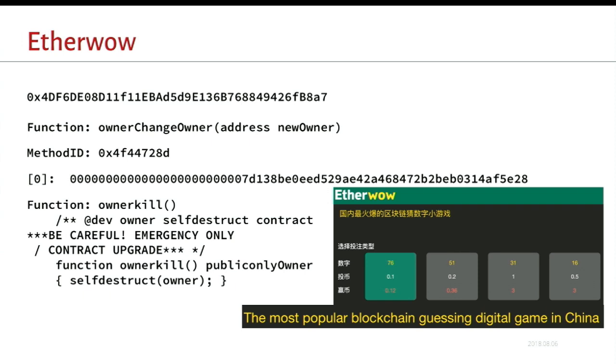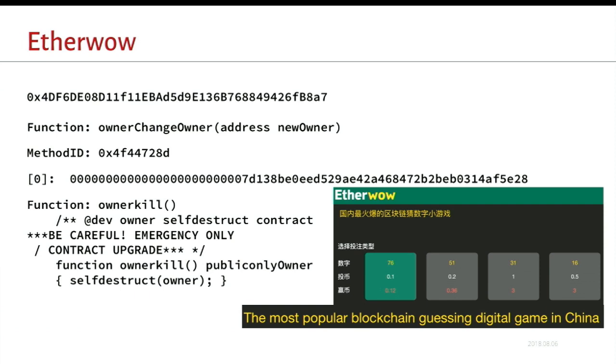So turns out there's even more gambling on the blockchain. Here's another one that turns out to be intentional. It's called Etherwow. The Google Translate says it's the most popular blockchain guessing digital game in China. I'm not so sure because there's only been a few Ether ever transferred into any of these things.